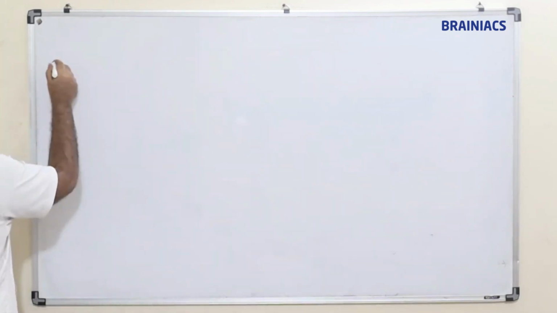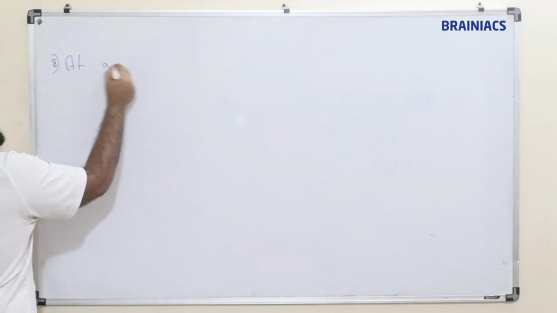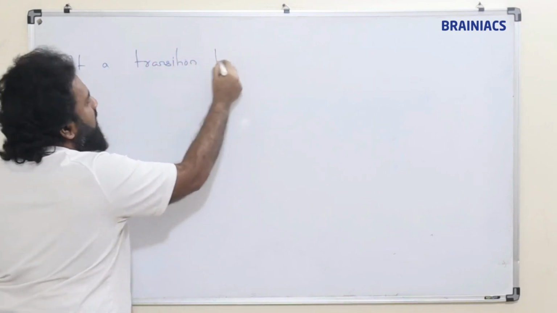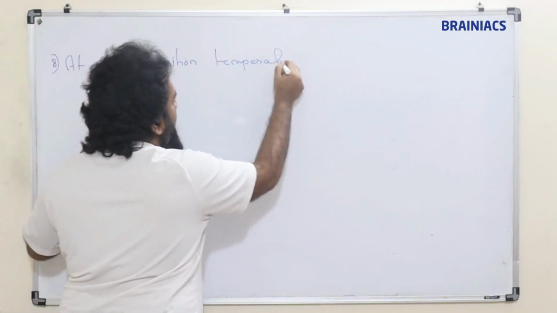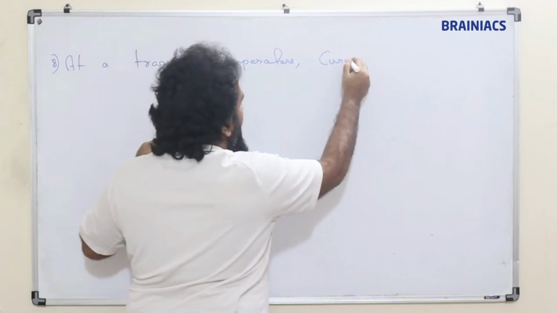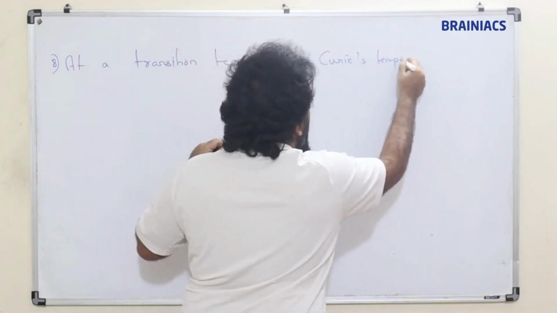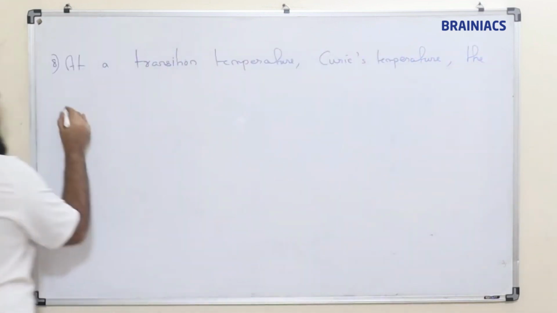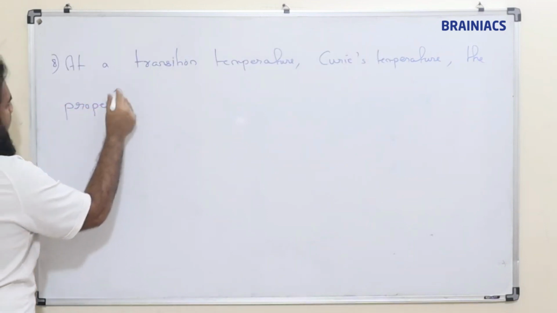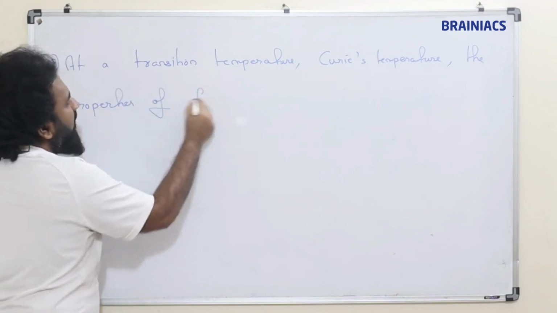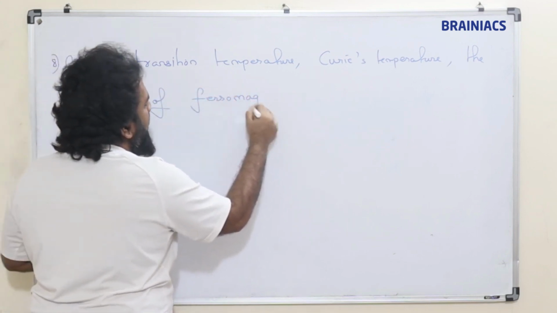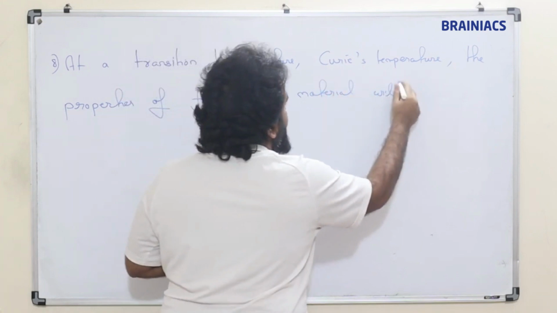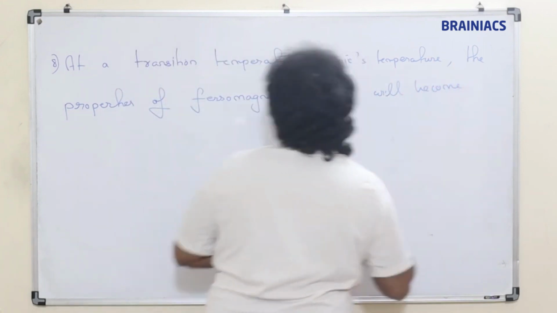Another point is, at a transition temperature called Curie's temperature, the properties of the ferromagnetic material will become paramagnetic.